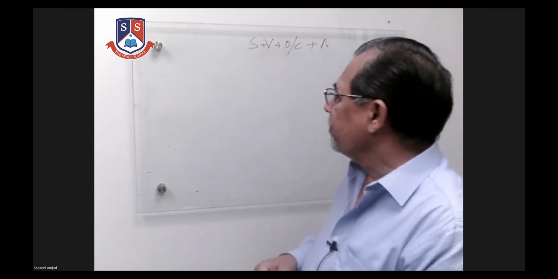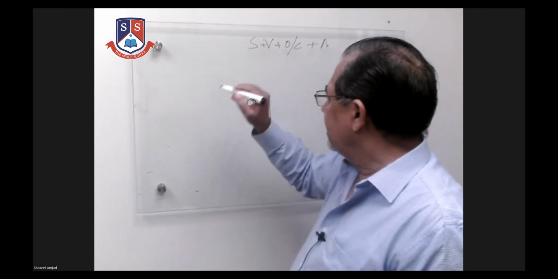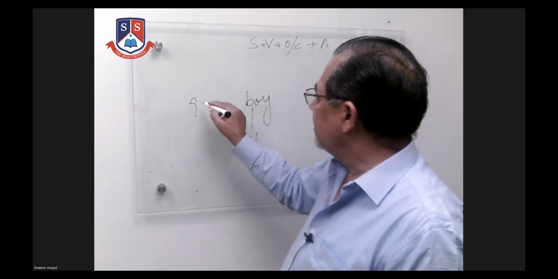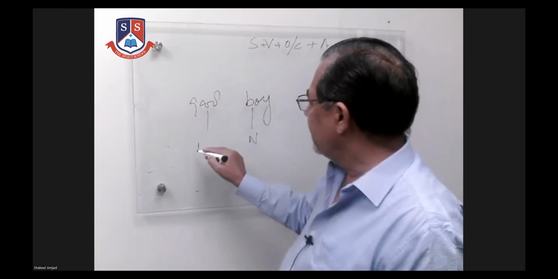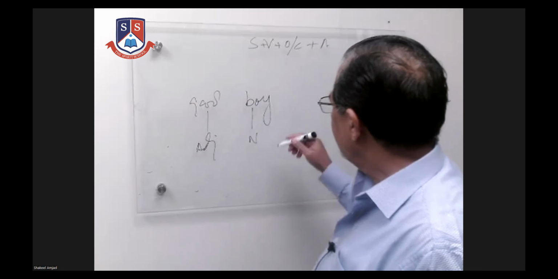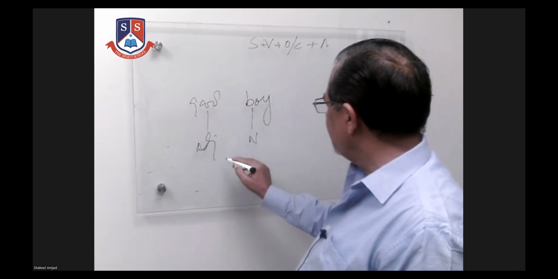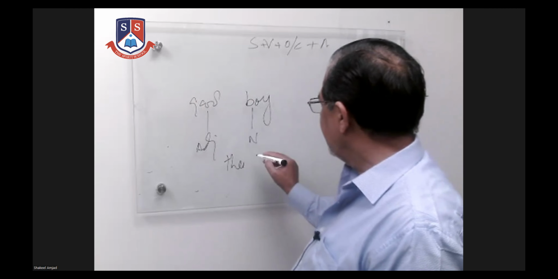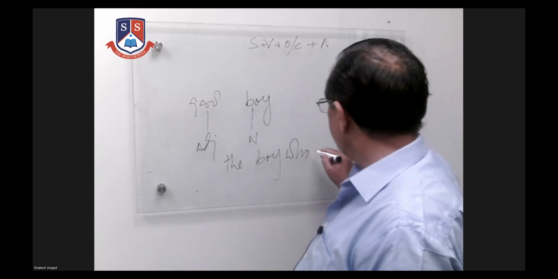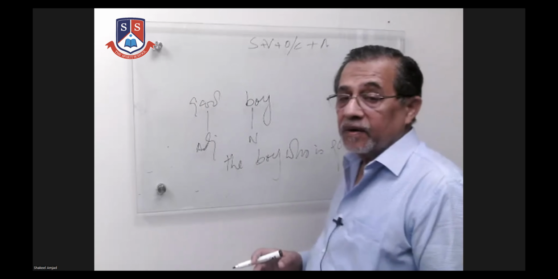For example, we take boy. So it's a noun. We say good boy. It's an adjective. We can change it, we can now say the boy who is good.